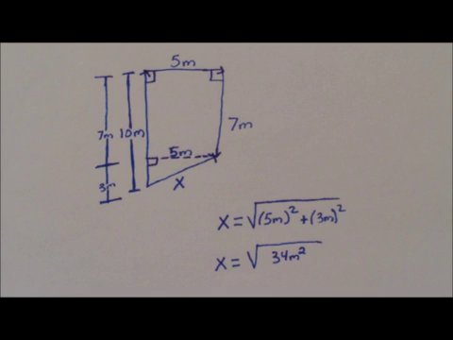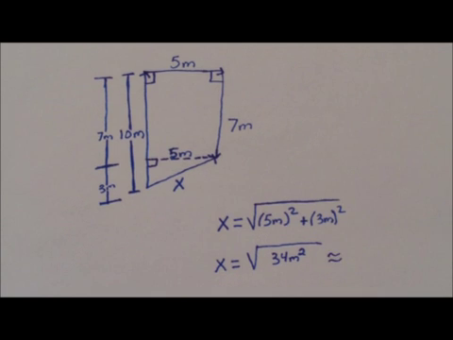You can put that in your calculator. 34 isn't a perfect square, and you get something around 5.83 meters. Significant digits is 3. So that's all they want for this problem. Find the displacement. My displacement was x. x is equal to 5.83 meters.